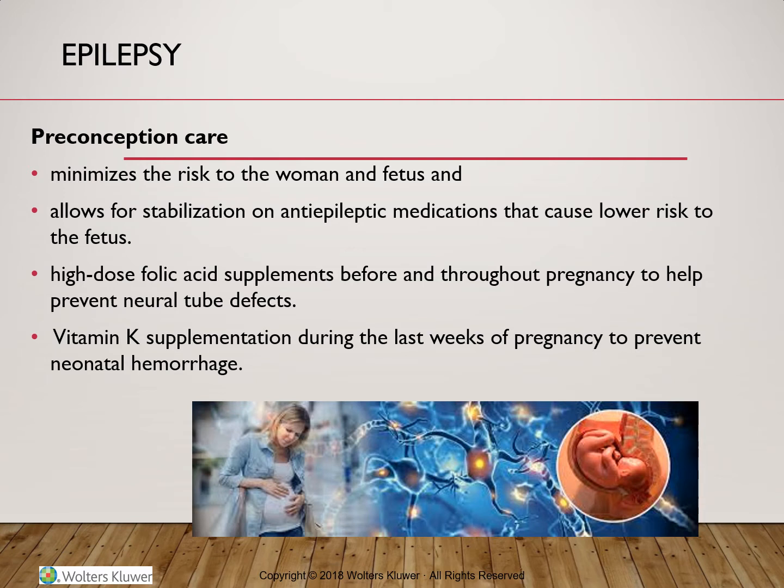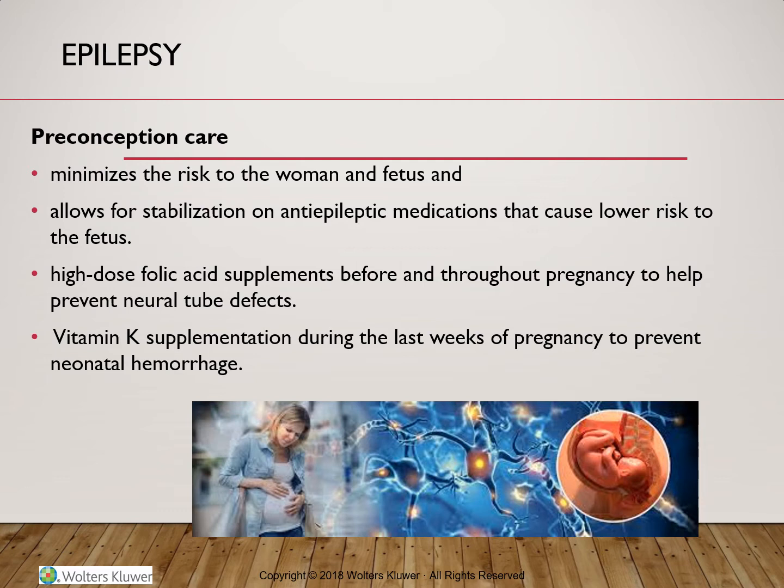So the preconception consult with a neurologist is essential for a woman who wishes to become pregnant. The goal of controlling seizure with the lowest number of drugs possible, that's the main goal, while some of the drugs may be changed to others to lower the incidence of birth defects.